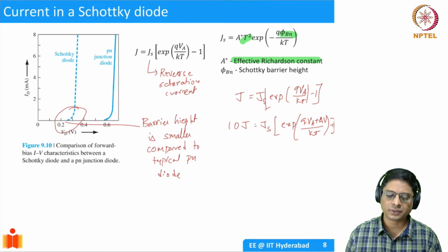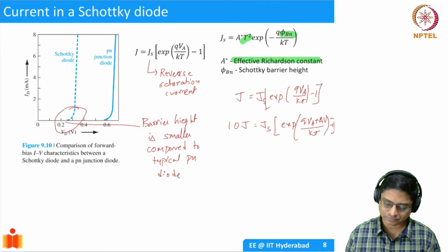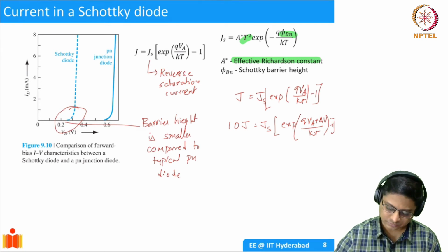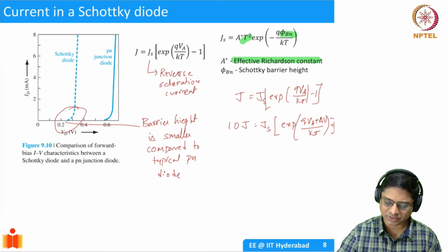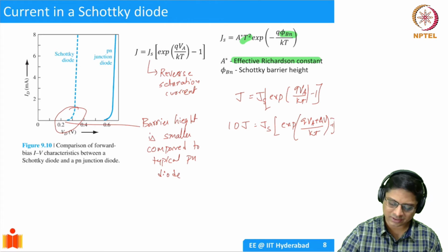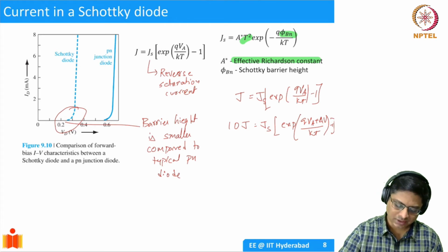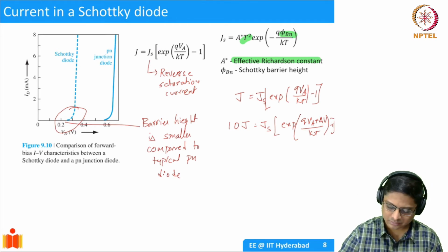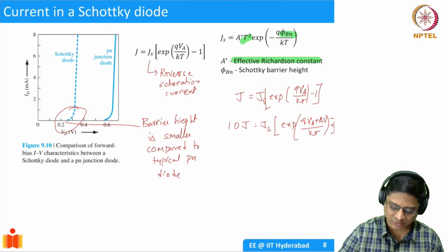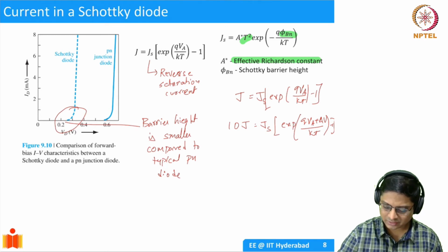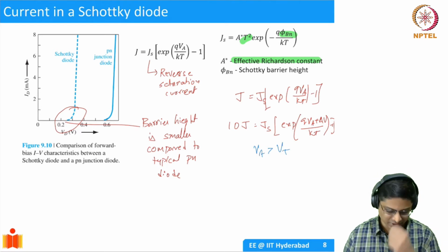If you solve this expression, you can assume that this term is dominant, because we are already in the forward bias. We'll assume that we are actually doing it in the forward bias, so V_A is above threshold, and you can ignore the 1. You take the ratio.